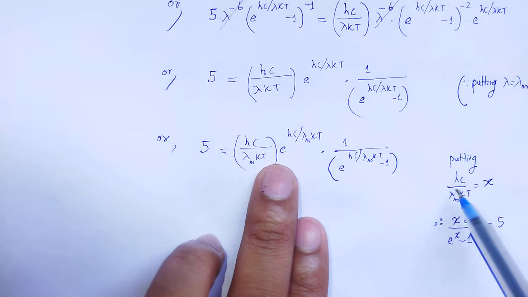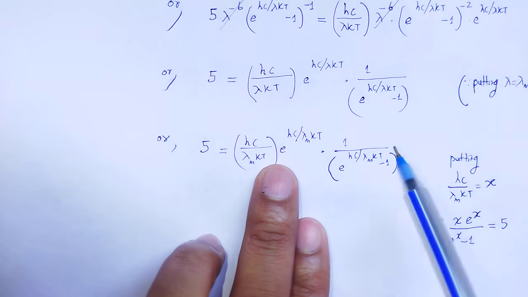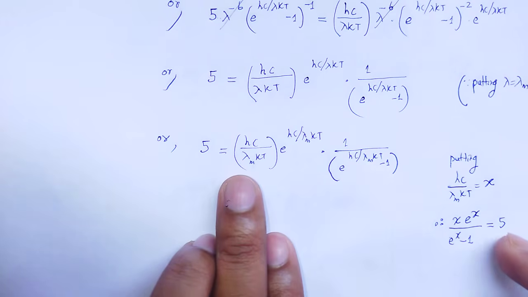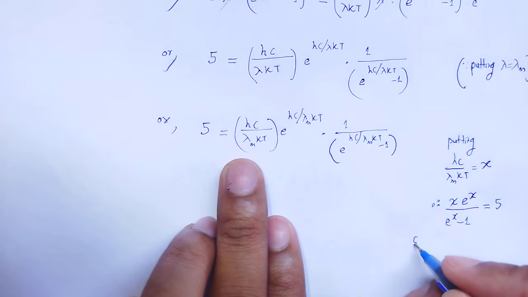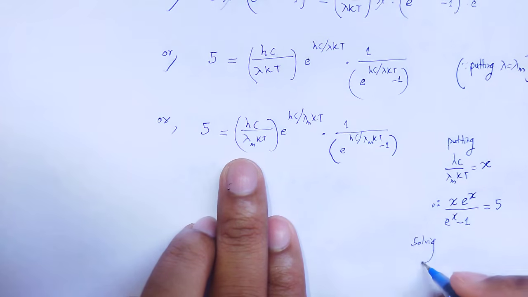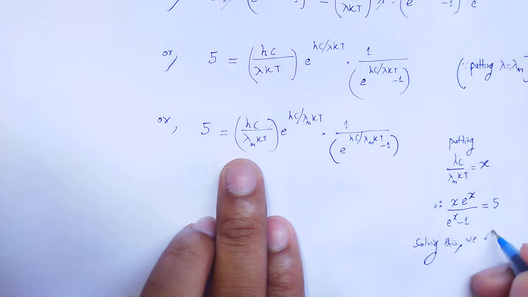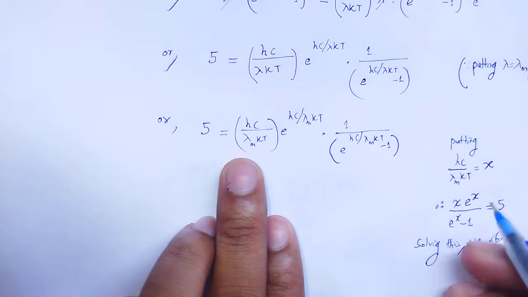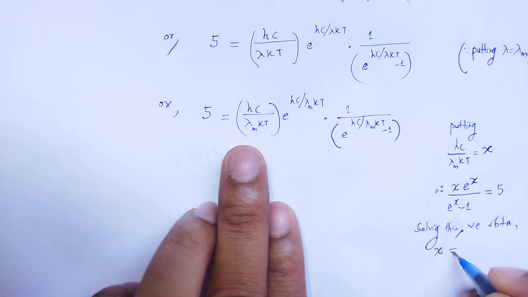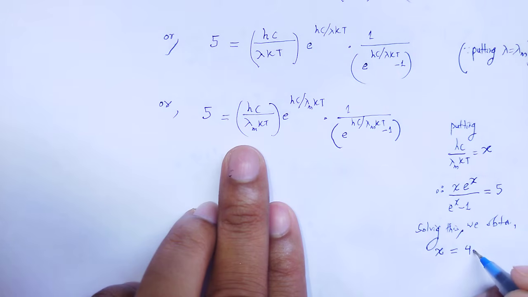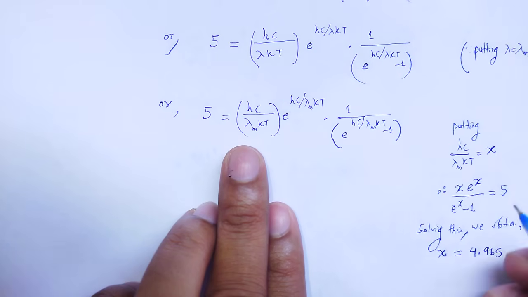When we put SC divided by lambda m kt is equal to x, that expression is changed to this one, and solving this we obtain the value of x is equal to 4.965.